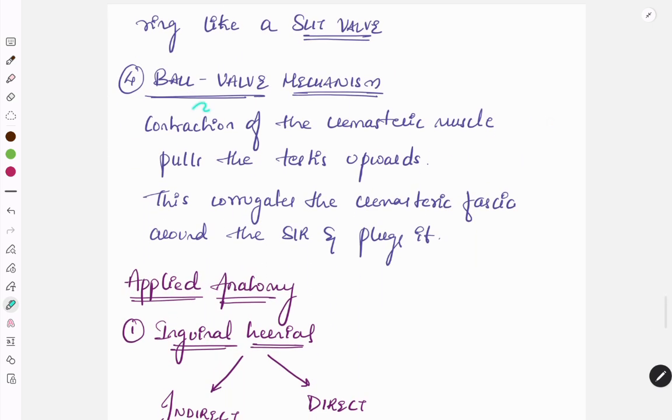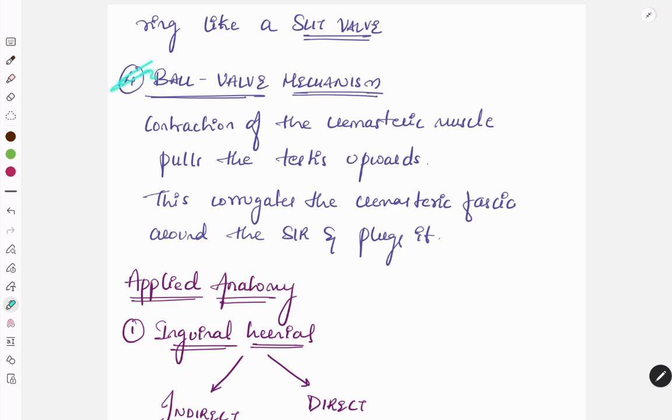So the fourth mechanism is the ball valve mechanism. In this, what is happening? You have to remember the testis. In this, the contraction of the cremasteric muscle pulls the testes upwards. This corrugates the cremasteric fascia around the superficial inguinal ring and plugs it.